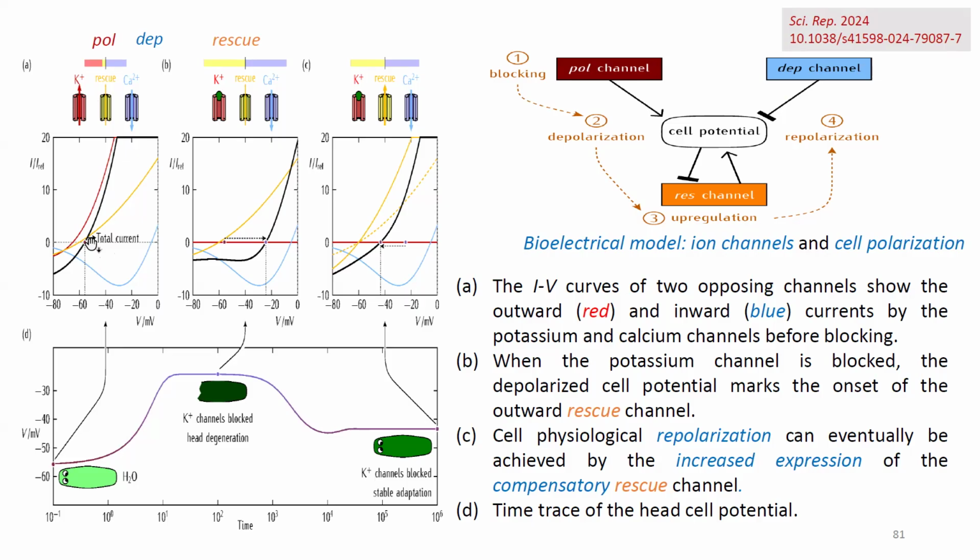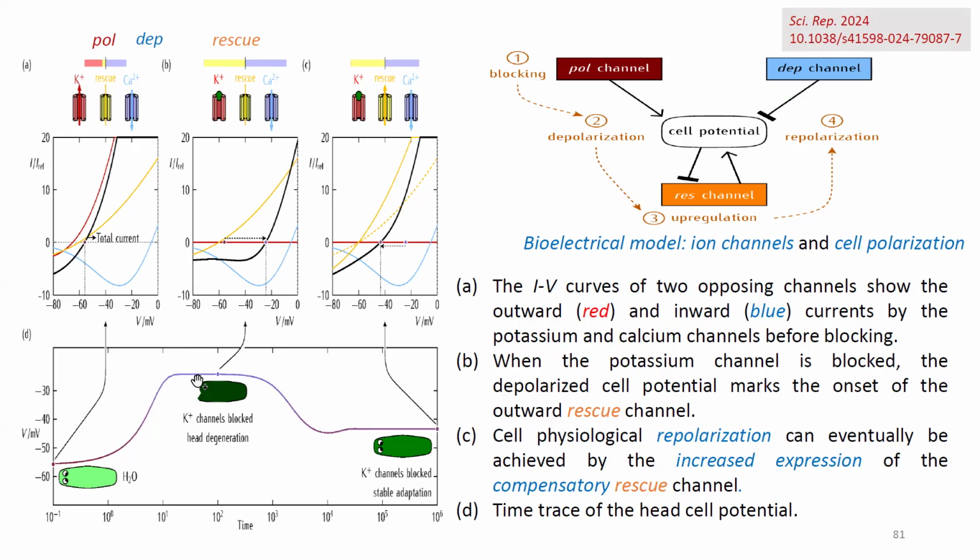The blocking of the channel by barium causes a depolarization of the cell, so that the single cell potential moves from the polarized value to the depolarized value. Experimentally, this seems to cause the degradation of the head of the animal where this polarizing channel is established.